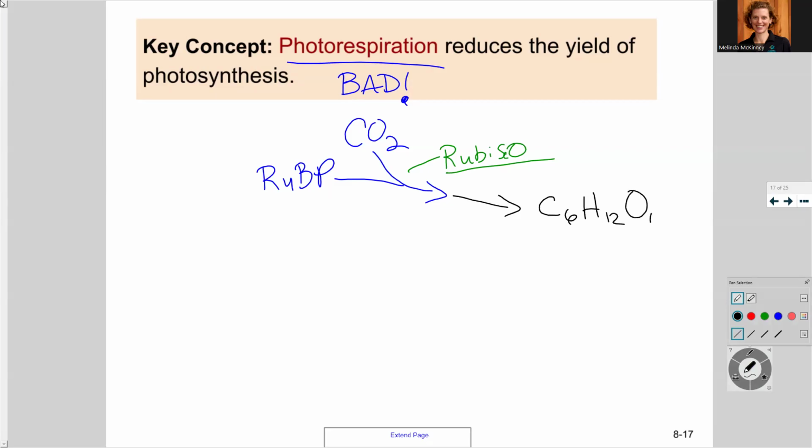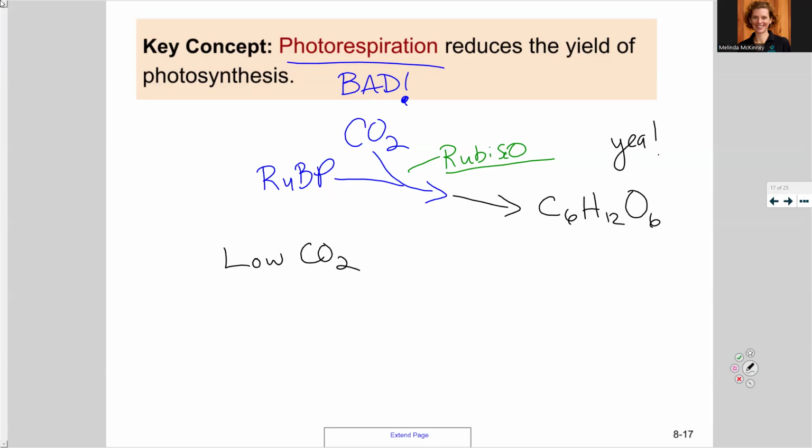So that's perfect, yay, right? But what happens is if there's no carbon dioxide or low carbon dioxide, and this occurs in the leaf of a plant when they shut their stomata so they don't lose water, the holes shut. They use all the carbon dioxide up and they're left with oxygen.